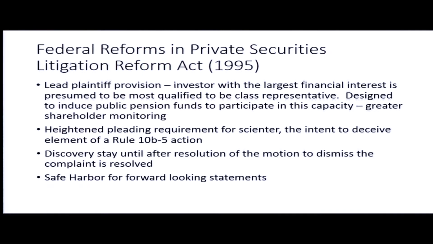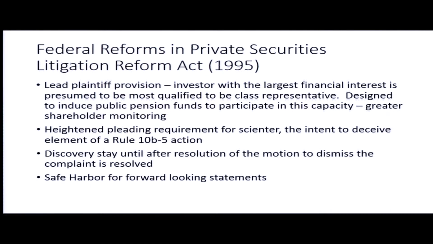All right, and I'll just really briefly go through some of these. They're not central to the story, but I want you to get a sense of the fact that this is an ongoing process. So in 1995, Congress was concerned about these private securities litigation class actions, and they instituted some legislation which required, for example, a court to choose a lead plaintiff in every private securities class action.